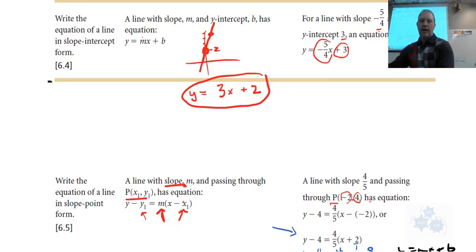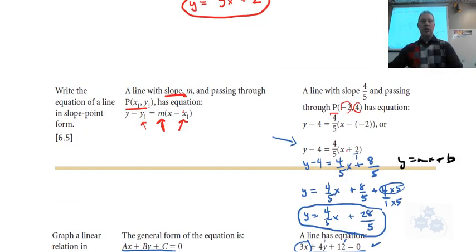Is it easy to graph this one? Well, actually it is. Point slope form, that's easy to graph as well. So how would we do that? Well, you've got a point, don't you? If you look here, the point is negative, always opposite sign, negative 2, and positive 4. So (negative 2, positive 4) is a point that's on the line.